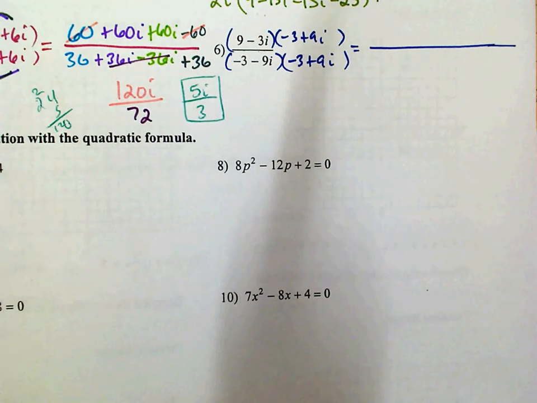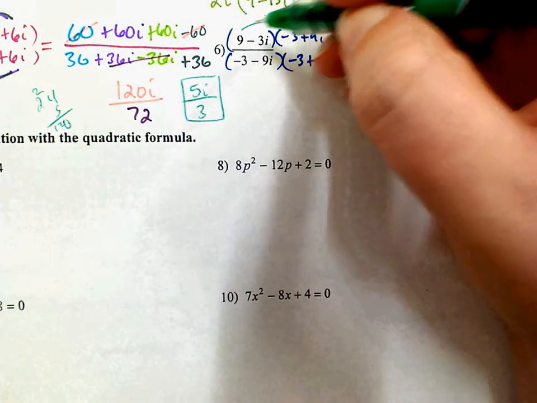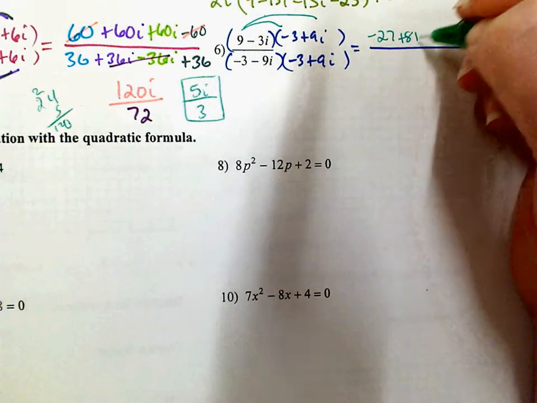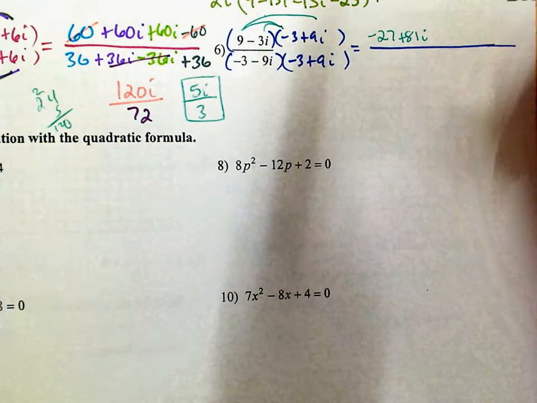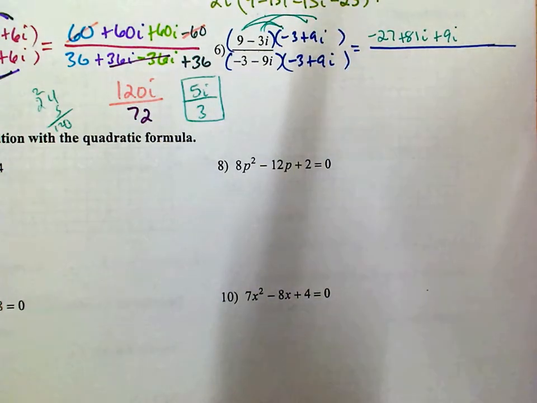Okay, in the numerator, I get negative 27 plus 81i plus 9i, and then minus 27i squared, which makes it plus 27.